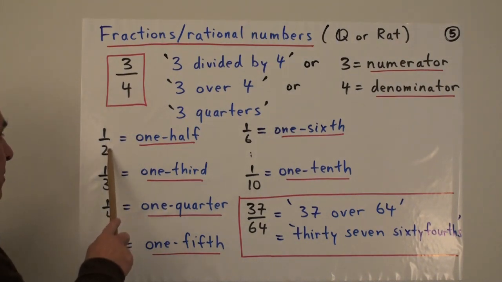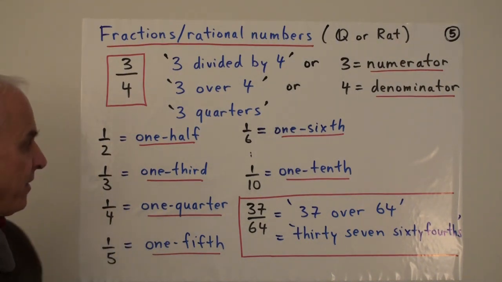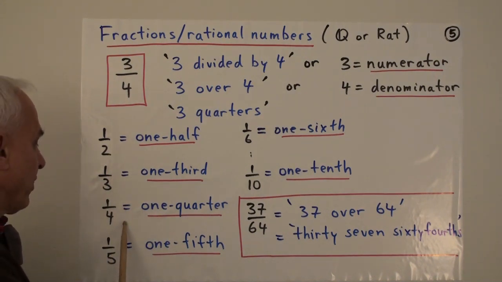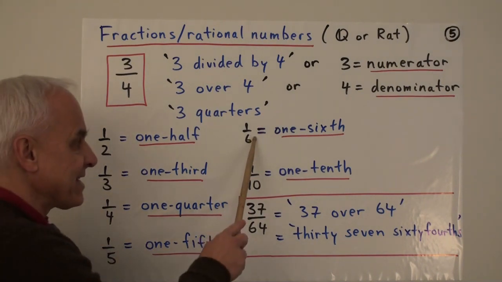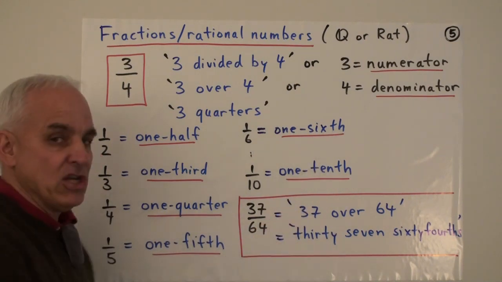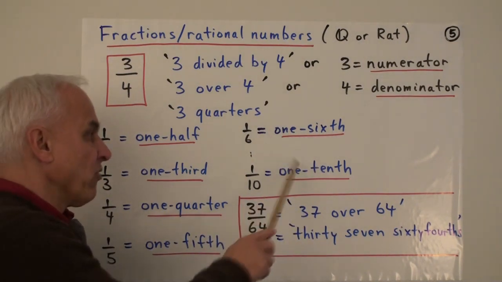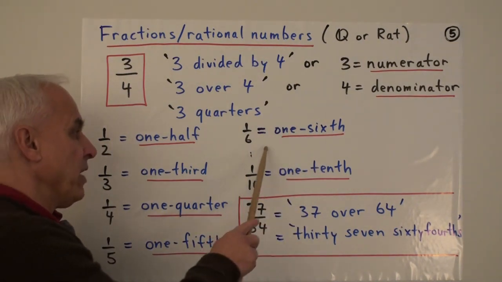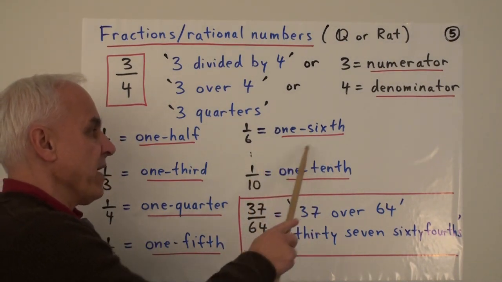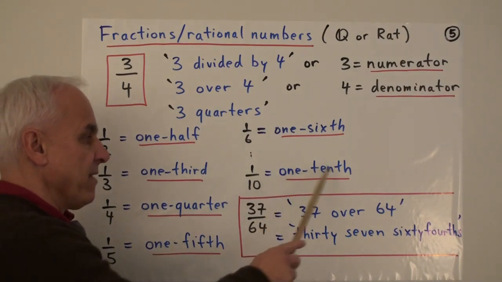So this number is 1/2. This is 1/3. This is 1/4. 1/5. 1/6. And here you see the pattern. There's a 6 and then a TH afterwards. That's the general pattern. So the next one would be 1/7, and then 1/8, 1/9 to 1/10, and so on.